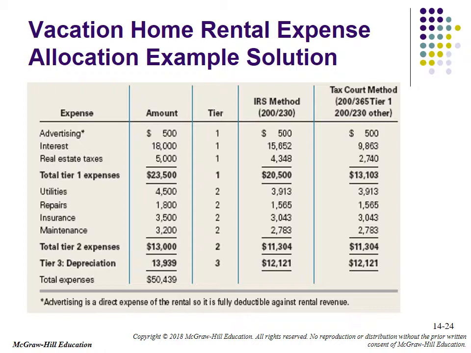Now remember, they received $37,500 of rental income. Let me grab my calculator here. There we go. So far, they have determined expenses of Tier 1, $20,500, and Tier 2, $11,304. So they're already at $31,804.